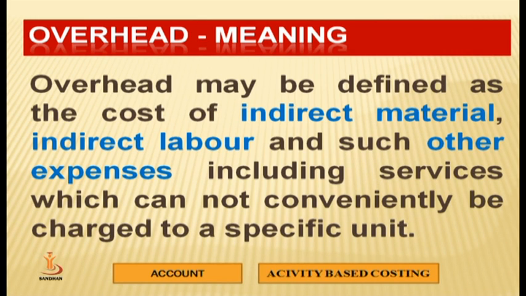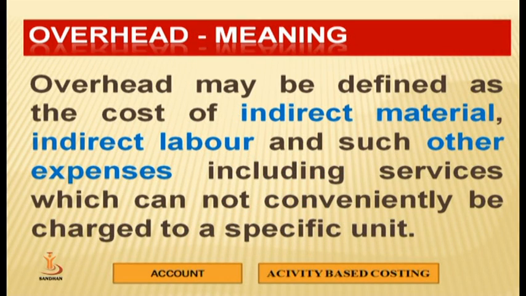So what can be done? For overhead, the proper allocation base is to be found out. Overhead, as it is not directly traceable to the cost of a product, so a proper allocation or apportionment base is first to be calculated, and then it is charged to a specific unit, and then the cost of a product is ascertained.